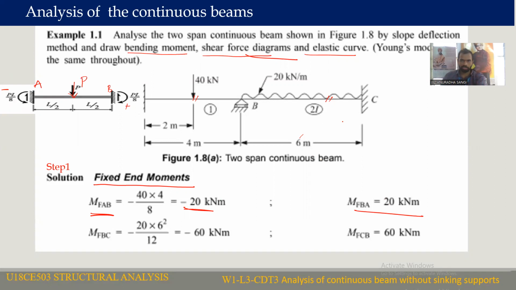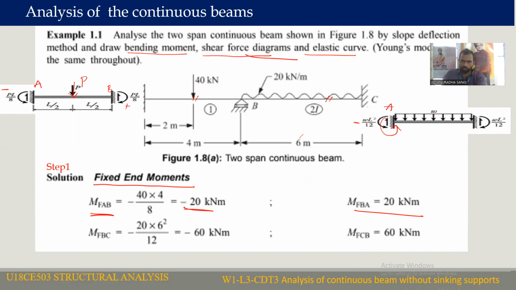Coming to span BC, that span is subjected to a uniformly distributed load. If the beam is subjected to a uniformly distributed load, the fixed moment MFBC will be equal to minus WL square by 12, acting in the anti-clockwise direction.